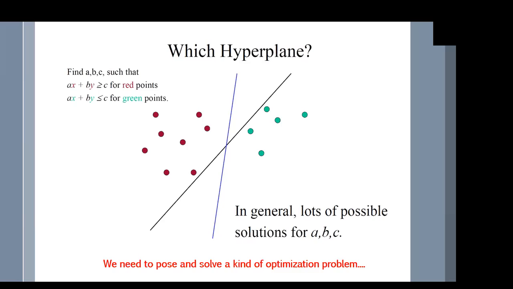Typically, if we work on the computer, we should give some precise scenario how to calculate this line, and then the answer might be that we should formulate some kind of optimization problem on these points. And indeed, there might be infinitely many such hyperplanes or lines which separate groups of points.